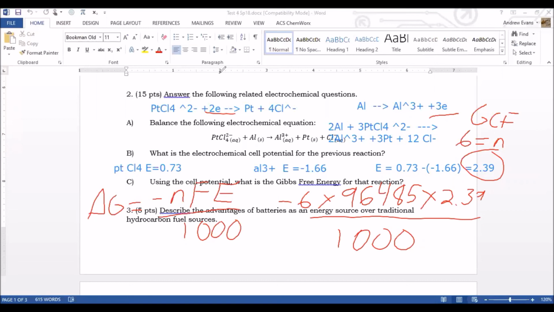It's still negative 1,383 kilojoules to make that reaction go.